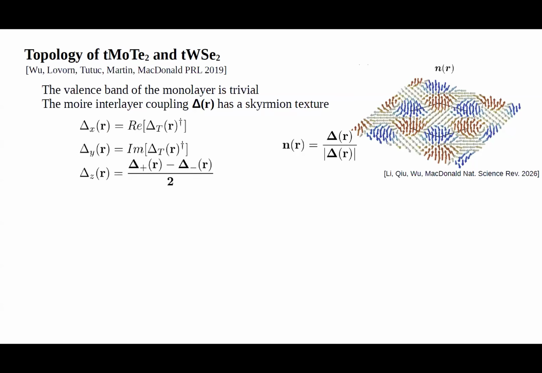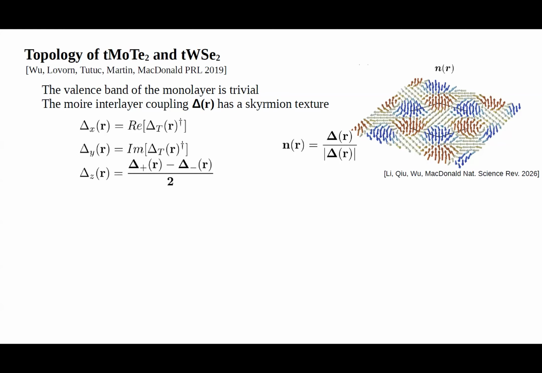So here, the possibility of topology is going to come not from the underlying single layer, but really from the coupling, from the moire potential. And what Wu and MacDonald and collaborators found is that the interlayer tunneling potential has a really interesting structure that makes it possible to hybridize the bands enough to make them topological.